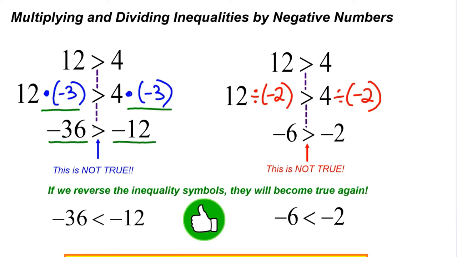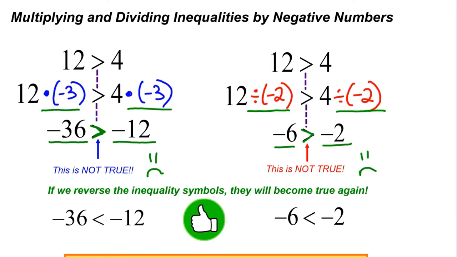And if I keep the inequality the same, negative 36 is greater than negative 12, well, that is not true. Negative 36 is not greater than negative 12. And then likewise over here, 12 is greater than 4. And if I divide both sides by negative 2, I would get negative 6 is greater than negative 2. This is not true. Negative 6 is not greater than negative 2. It's further left on the number line.